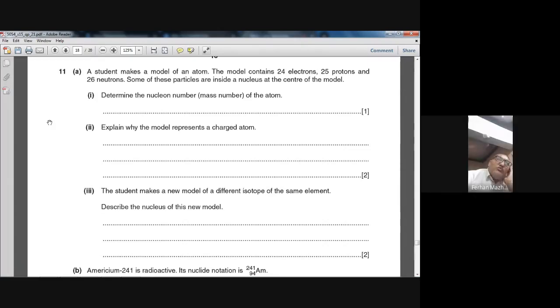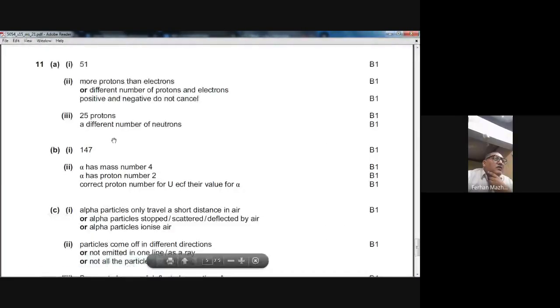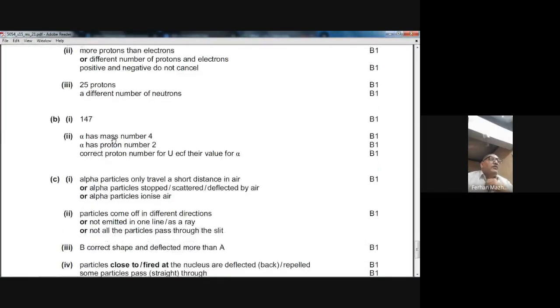So the new model will have 25 protons, but the number of neutrons may be 27, maybe 28, maybe 25, not 26. The marking scheme says 25 protons, but a different number of neutrons as compared to the first model.